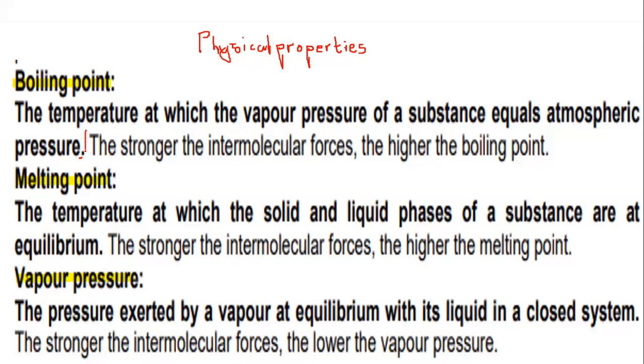This section here, from the stronger the intermolecular forces, the higher the boiling point, is simply giving you the relationship between intermolecular forces and boiling point. What you need to give us when we ask you for the definition is the part that is in bold.